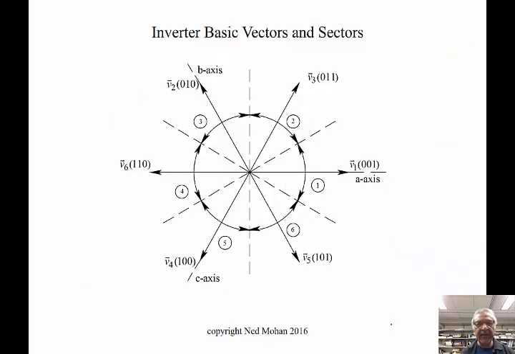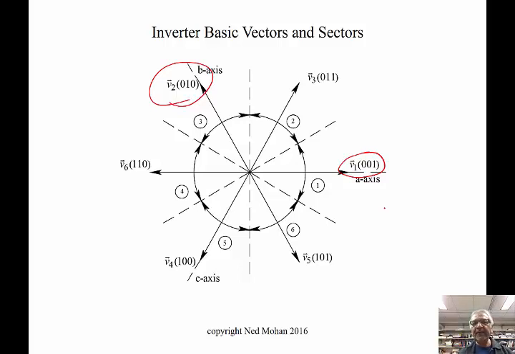Now, in order to control the electromagnetic torque, we have to decide what voltage space vector we should apply. We know that from an inverter, we can only get 6 active vectors shown here, V1, V2, and so on. Then we have 2 zero voltage vectors, where all the switches are either in the up position in all 3 poles or in the down position.